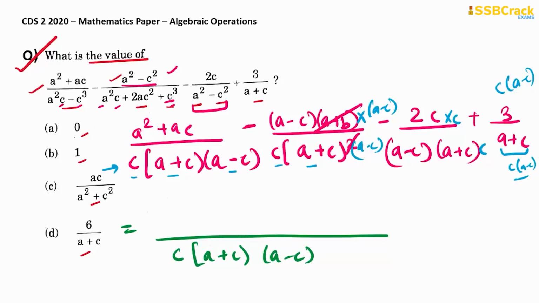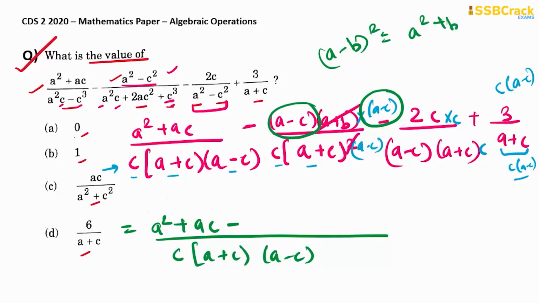in the denominator we will get a square plus ac minus, here we have got a minus c into a minus c. So it will be an identity of a minus b whole square, which is equal to a square plus b square minus 2ab. So we can open up this identity and it will be a square minus c square plus 2ac, as we have multiplied this minus sign inside.